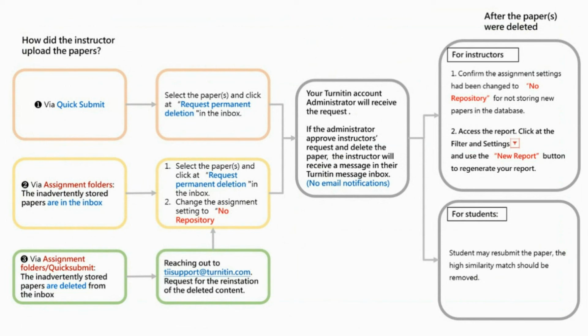If you encounter this issue, it means someone else may have incorrectly stored your paper in our database. You can consult your instructor or library and refer to this picture to delete your paper from the repository. This function is instructor only. Students cannot request any paper deletion in our account.